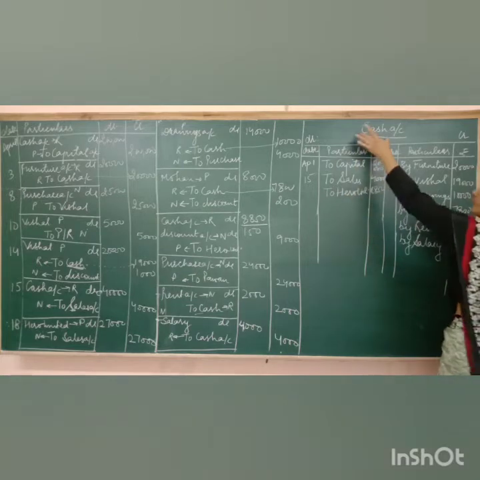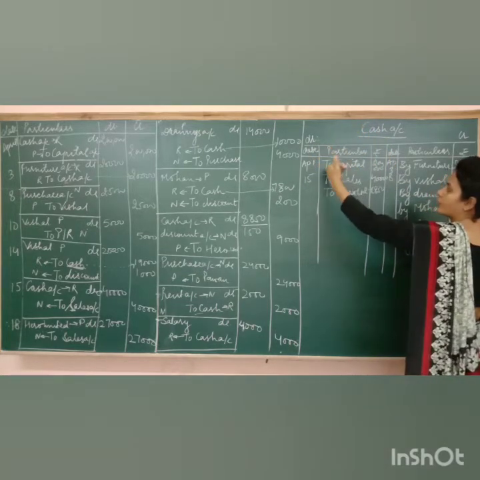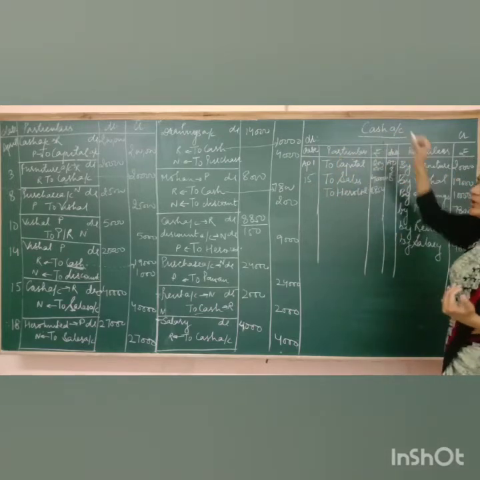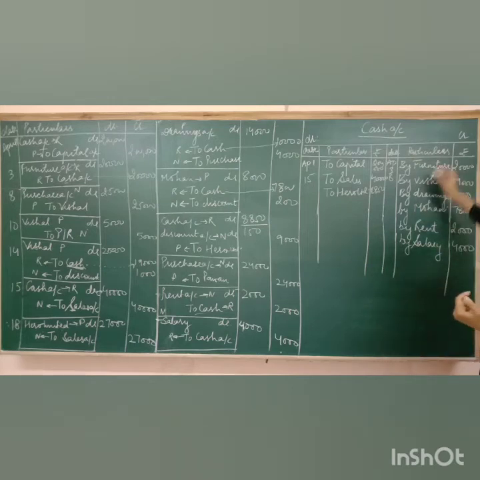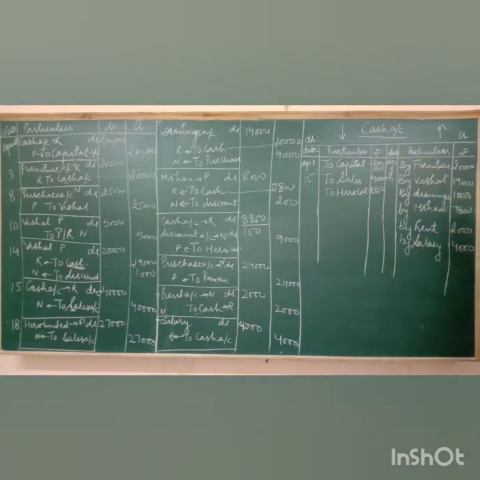Now here, if I am making cash account, the transaction I have recorded on the debit side shows that cash has come into the business. The transaction I have recorded on the credit side shows that cash has gone out of the business.